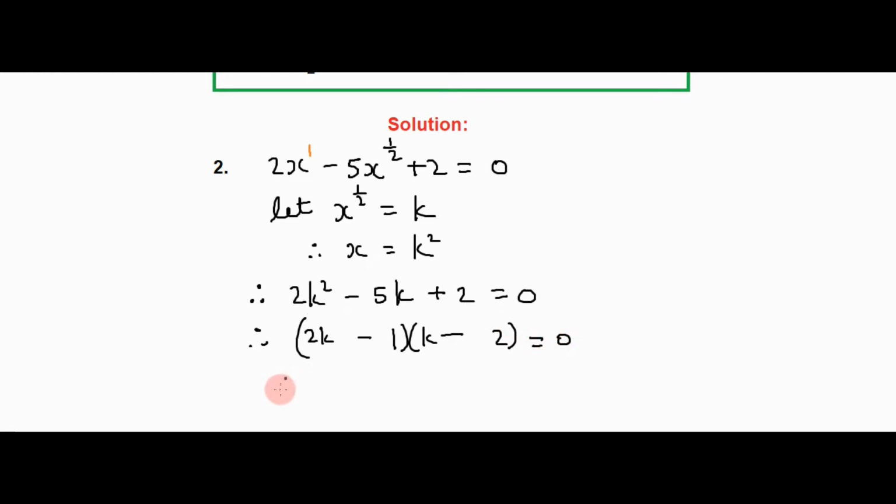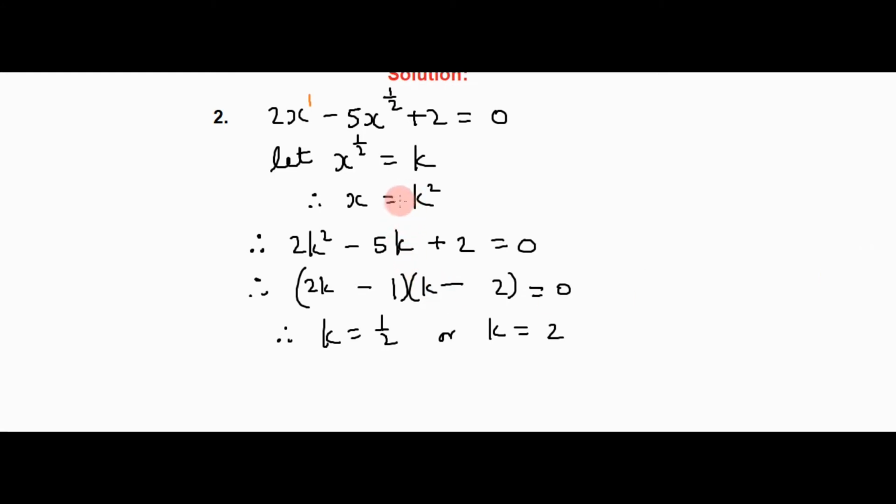So solving for k here, we see that k is equal to a half, or k equals 2. We bring our x's back in. We said let x to the half equal k, and k is a half, so x to the half will equal a half, or x to the half will equal 2.